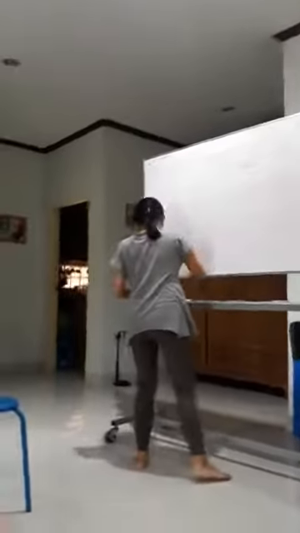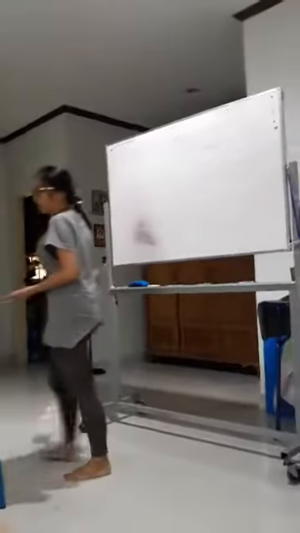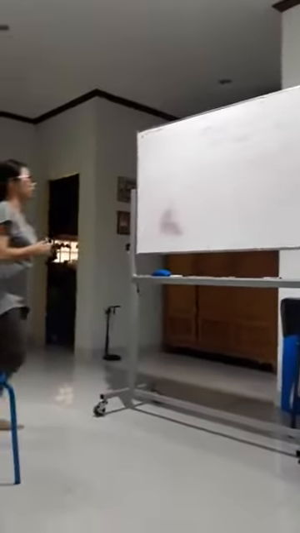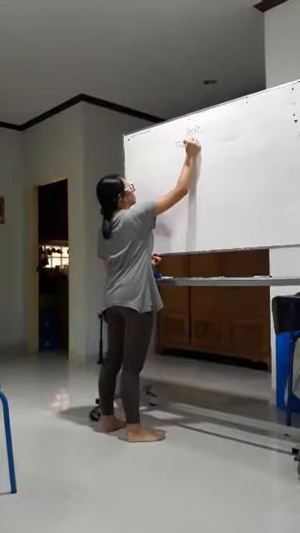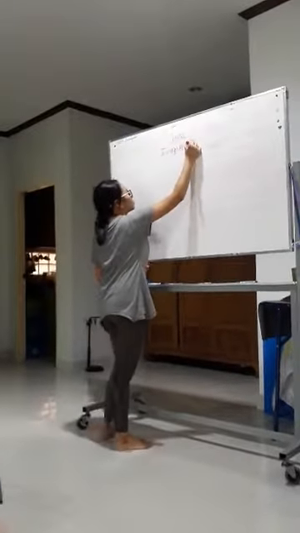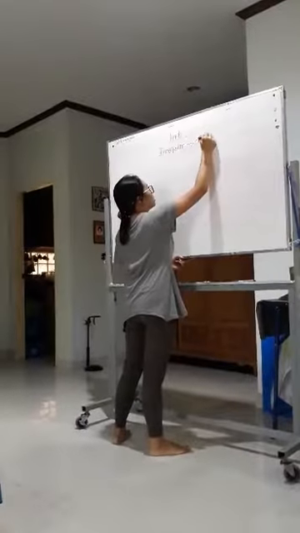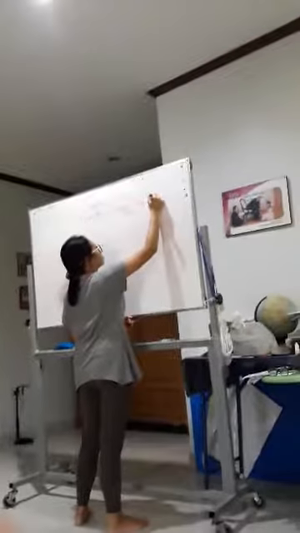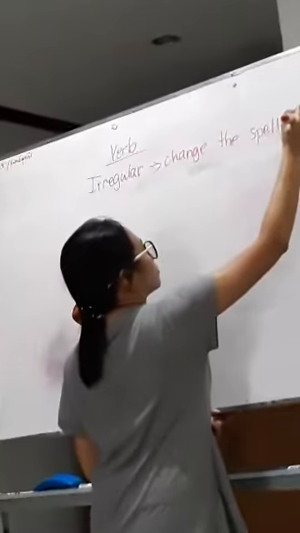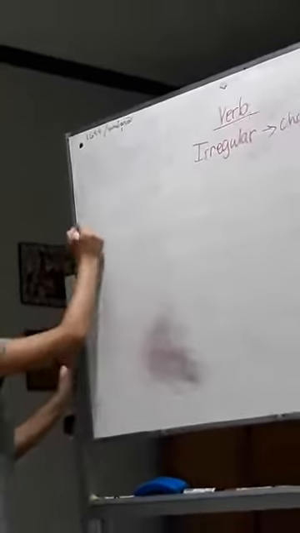Later, we're going to have a quiz about regular and irregular. Okay. Irregular. You have to change the spelling to form the verb into past simple. I'm going to give you an example.